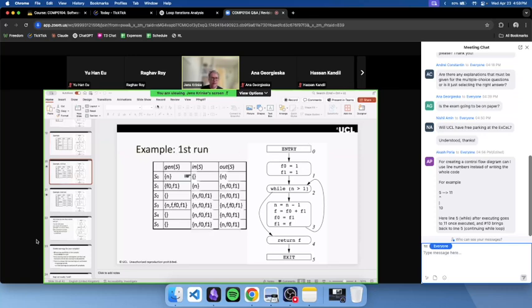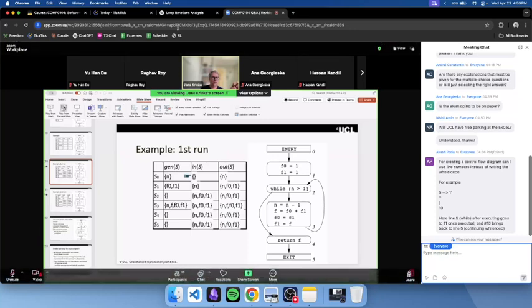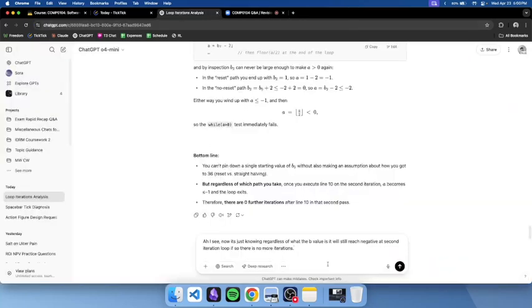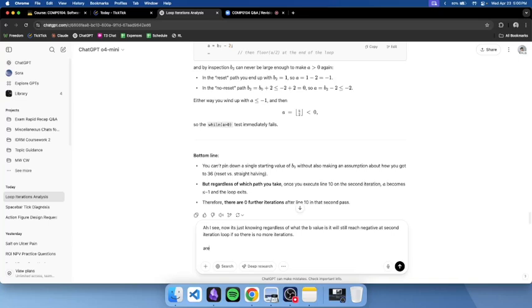And I think I have to run the animation to make that clearer. Slideshow, play from current slide. Can you still see this? Can you see the animation? Yeah.